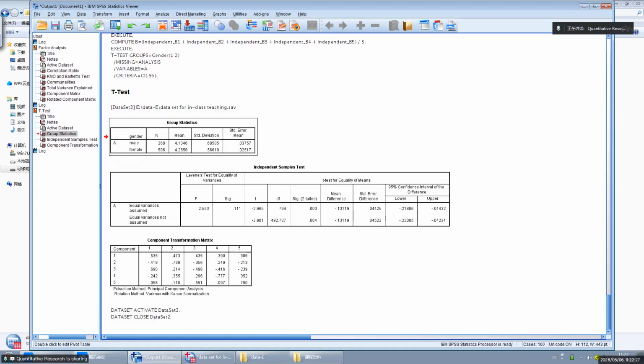So now that you know the result, please think about how you would report the finding.